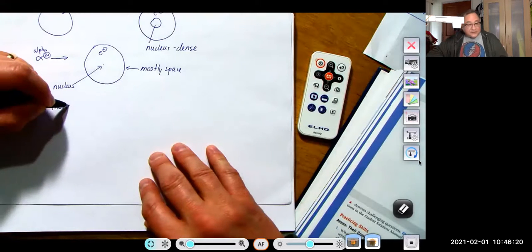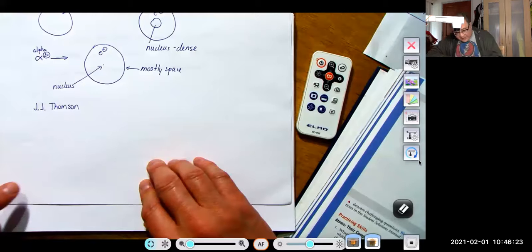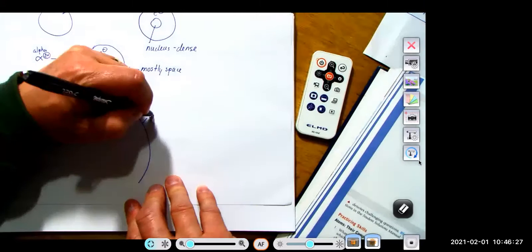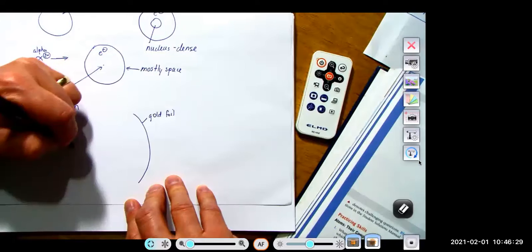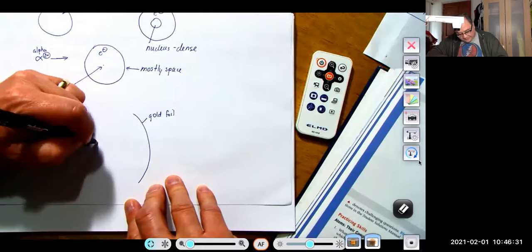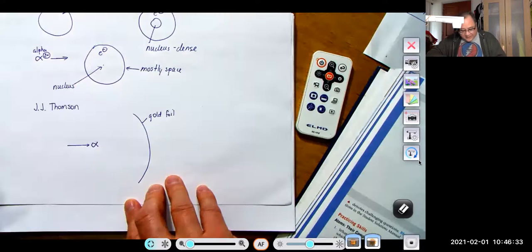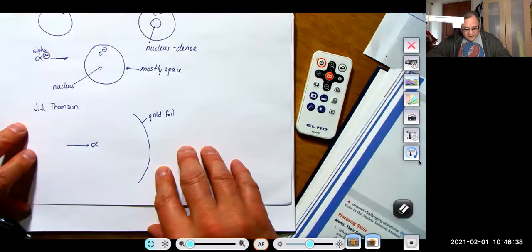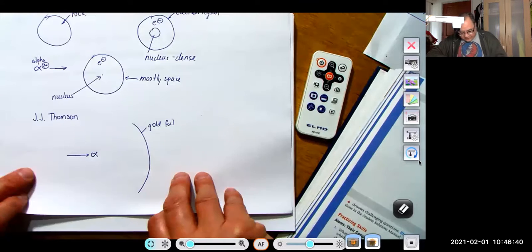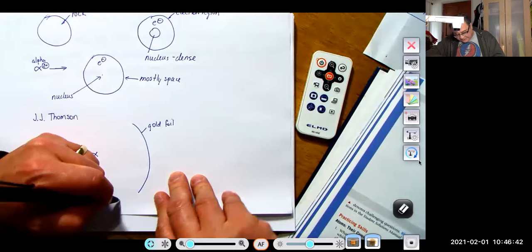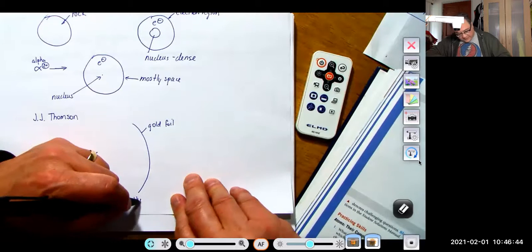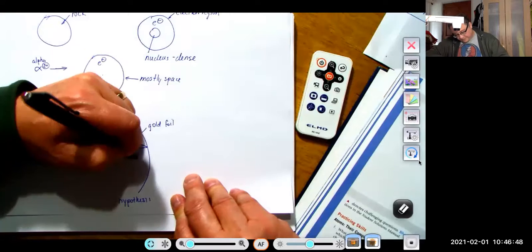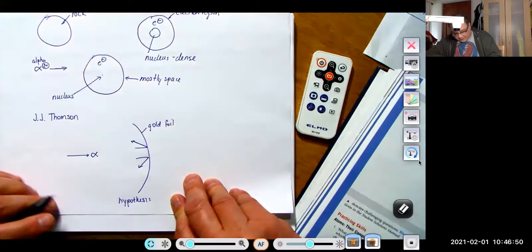Sometimes it's with a P, sometimes it's without a P. And what he did is he took gold foil and he shot these alpha particles at them. And his idea was that if these guys were massive, impenetrable, so this was the hypothesis, these particles would bounce off. Okay, so that's the hypothesis.